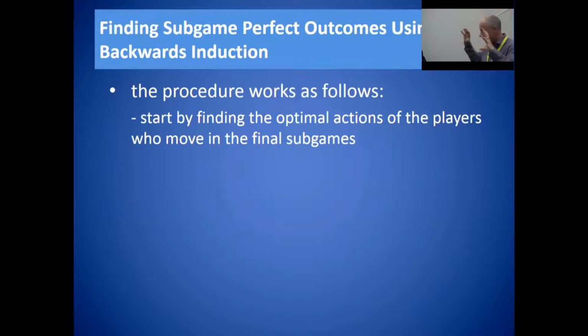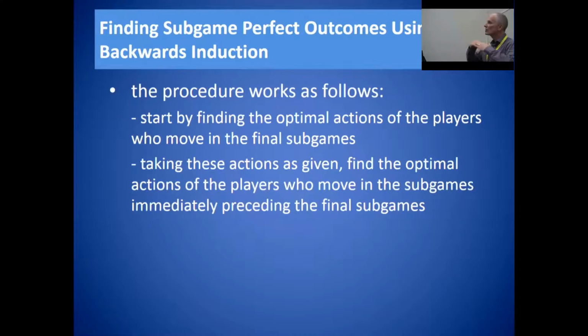So I look for these final subgames and identify the optimal actions of the players in that final round of subgames. And then we take those actions as given. Remember, the players will look at their available strategies and choose their most preferred outcome. That is what they're going to be doing in this final round of subgames.